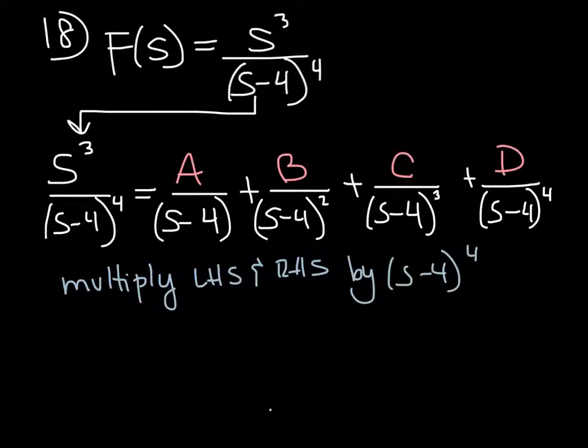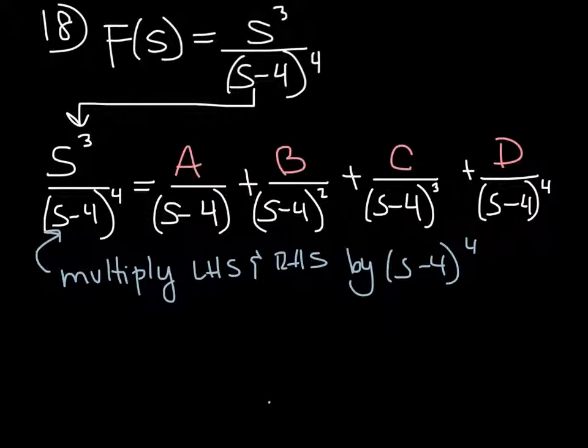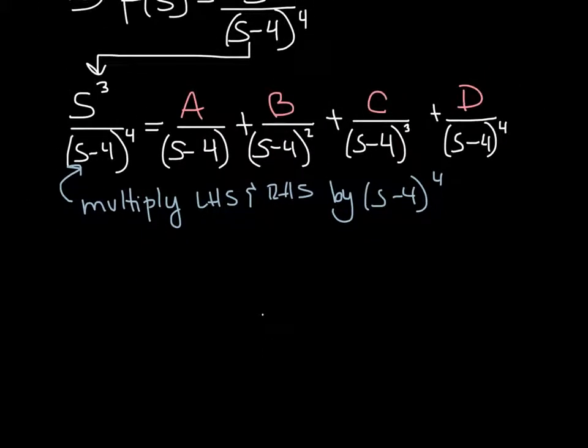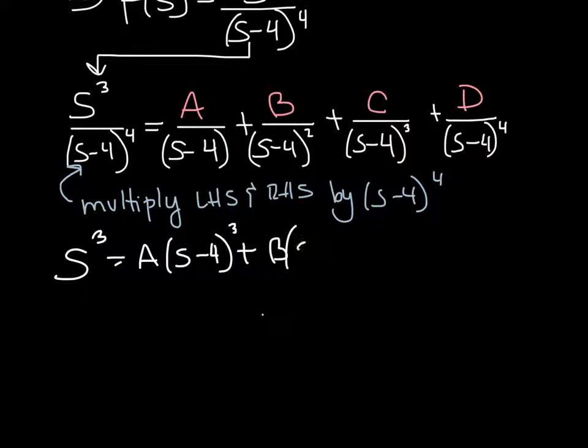When we do that, we obtain the following. We get s cubed equals A times (s minus 4) cubed, plus B times (s minus 4) squared, plus C times (s minus 4), plus D.